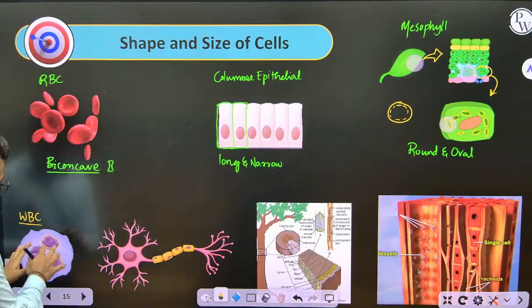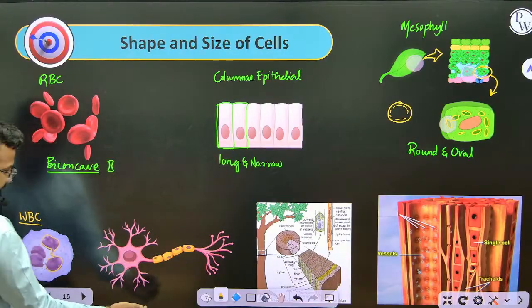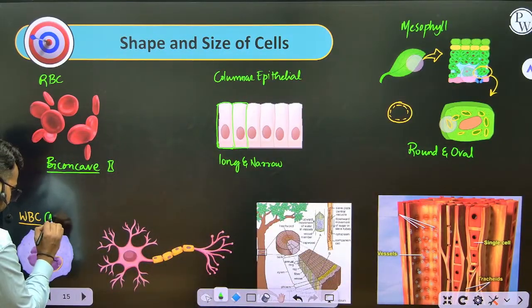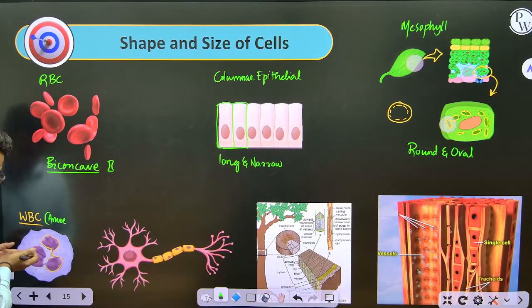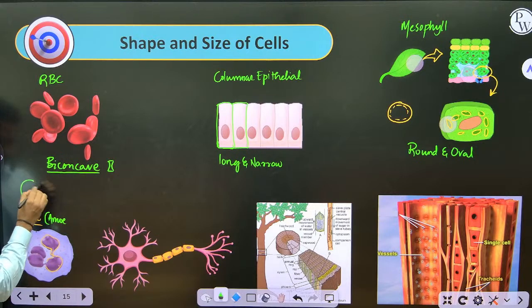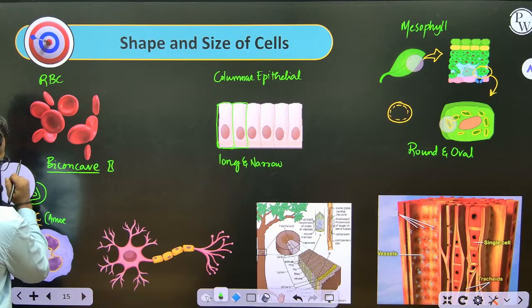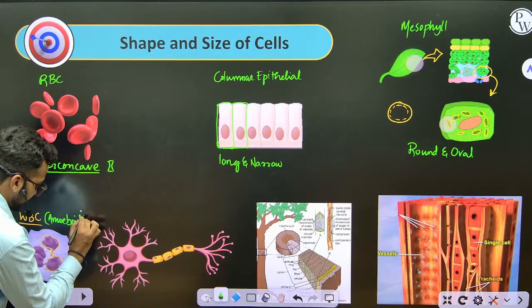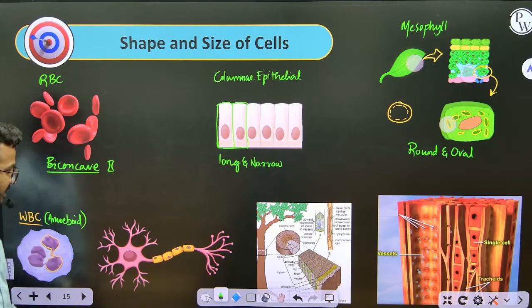Here the cell has a different kind of shape, an amoeboid shape. Some cells look like this, some like this, so the shape differs in WBC cells. That's why we call it an amoeboid shape. WBC cells are amoeboid in shape.